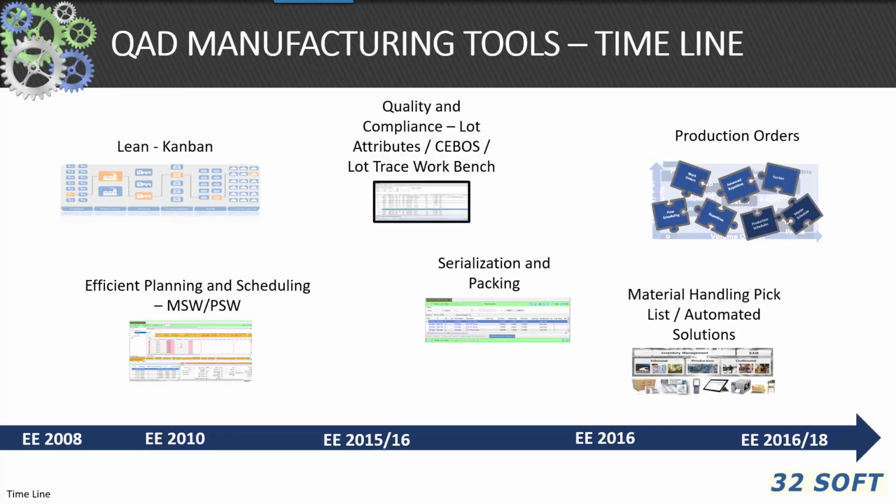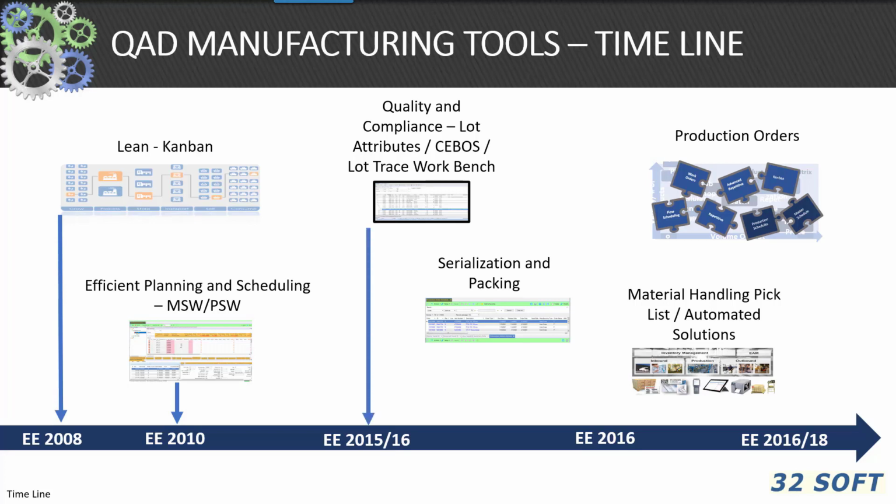Over the last couple of years, there have been several enhancements to the manufacturing ordering process in QAD. In 2008, we saw the introduction of Lean and Kanban. Then in 2010, we saw the new master scheduling and production scheduling workbench. You should be using those.